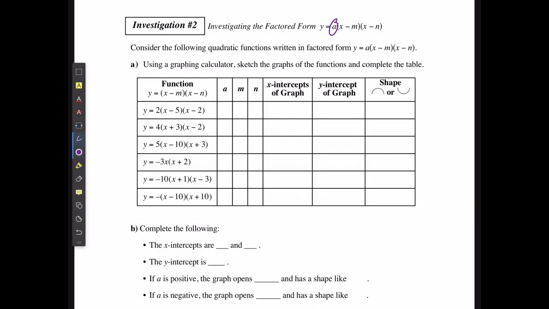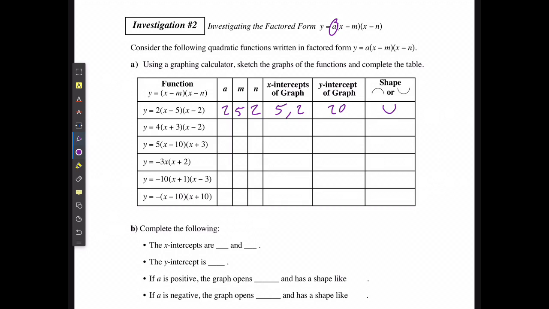Here I'm going to wind up with an a value of 2, m value of 5, and an n value of 2. When I graph this out, the x-intercepts occur at 5 and 2. The y-intercept occurs at 20, and the graph opens up in a U shape.